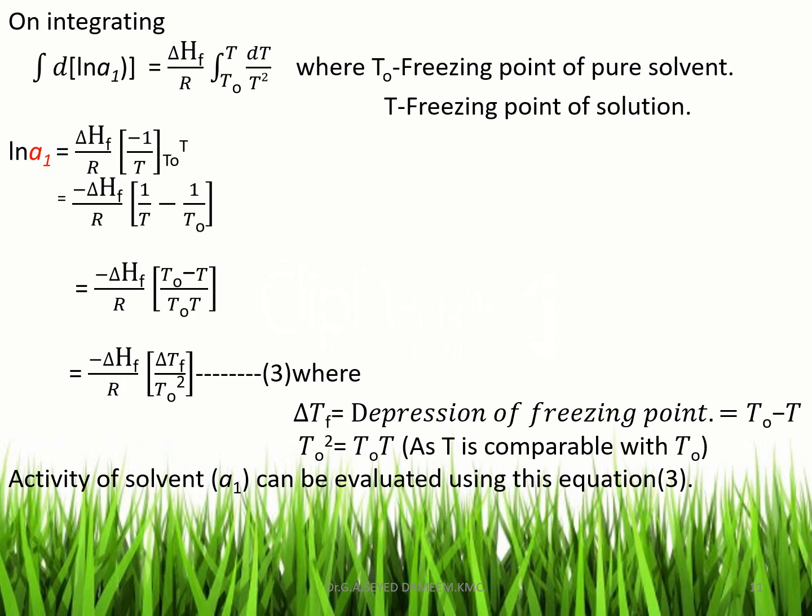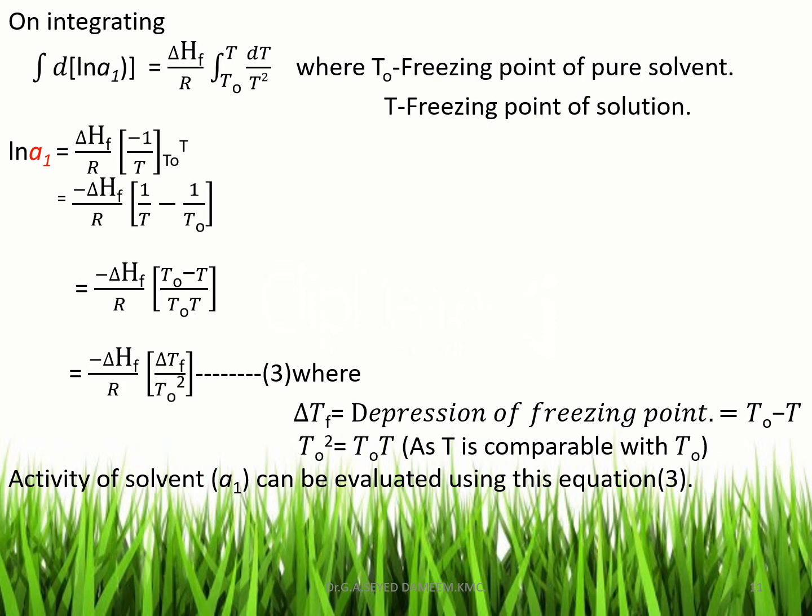That is, the minus sign is taken out, and applying the upper limit 1 by T minus the lower limit 1 by T0, that is equal to minus delta HF divided by R, taking the LCM T0 T, with numerator T0 minus T. That is minus delta HF divided by R times delta TF divided by T0 square.